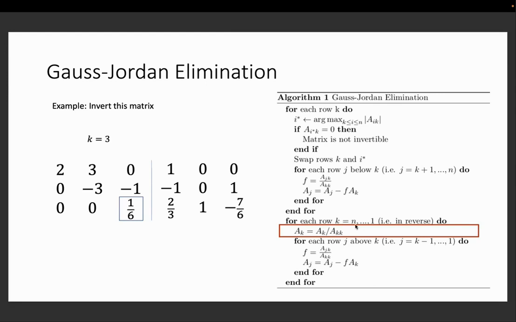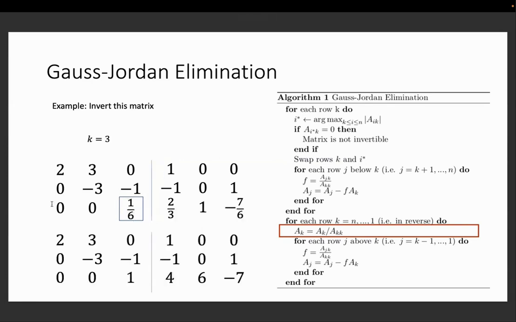So at the first, k is equal to 3, and then we divide row k, row 3, by A33. So A33 is 1 divided by 6. So we just need to divide all elements that we have in this row by 1 divided by 6 to convert this element to 1, because this element can be 1 if we just divide it by itself.